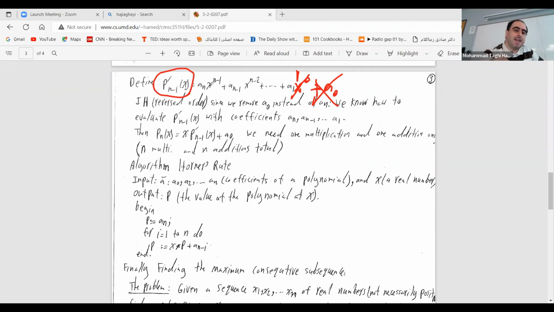Good. Now, if we have this formula, then I only need one multiplication and one addition. Why? I just multiply this formula by x, and then I add a0 to that.